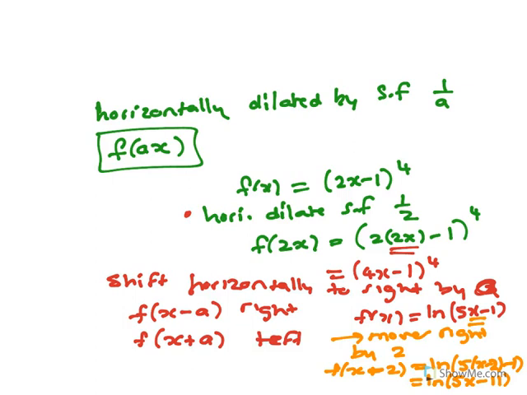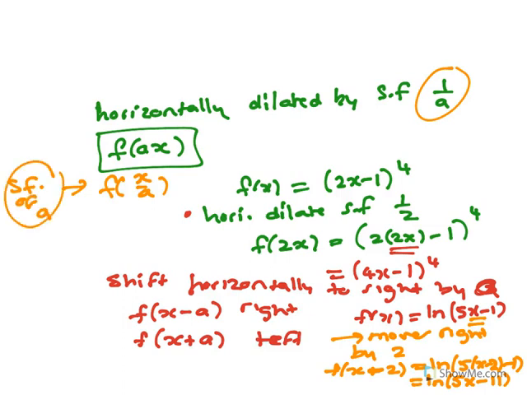And if it wasn't a scale factor of 1 on a, if it was a scale factor of a, that would be x on a. So it's kind of the opposite sign when it's horizontally dilated.